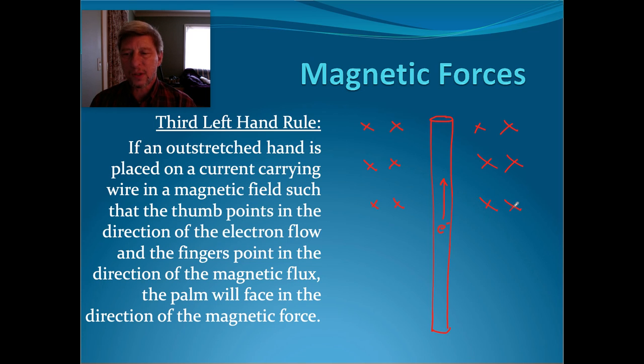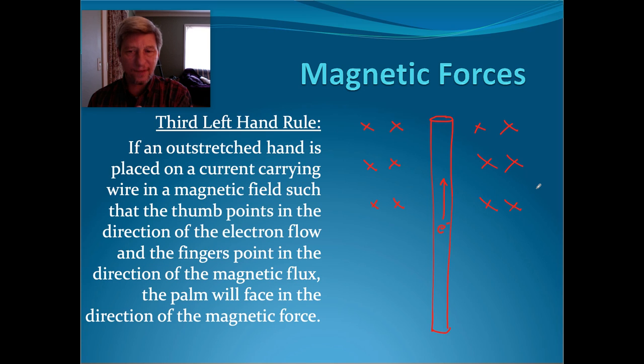So how does this all work? Well, remember that the X represents a field line going away from you. So in this case, you would have to take your left hand and point it directly at the screen of your computer or your phone or whatever it is, because the magnetic field is going away from you.